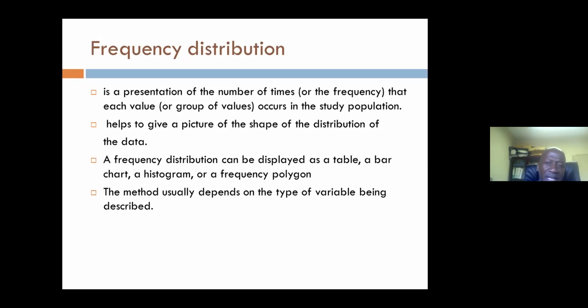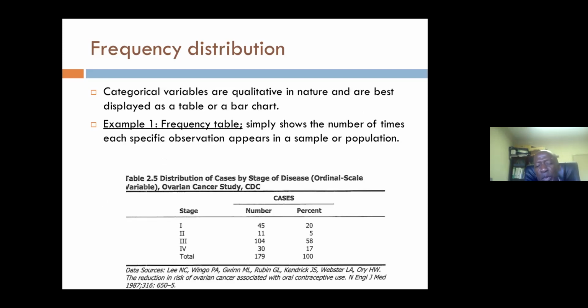Depending on the type of data that you are looking at, you can use a bar graph, a pie chart, a histogram, a frequency polygon, or even a line graph, again depending on how the variable is characterized and how the data would have been collected. So it is the type of data that you are handling that determines the type of graphical presentation that you are going to be using in order to have a pictorial view of your data.